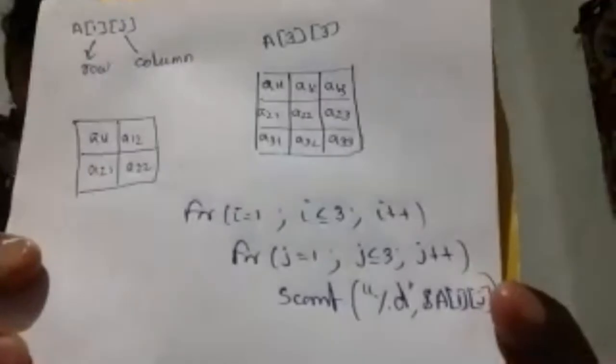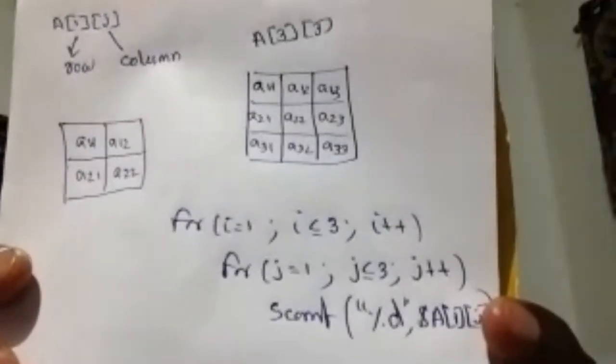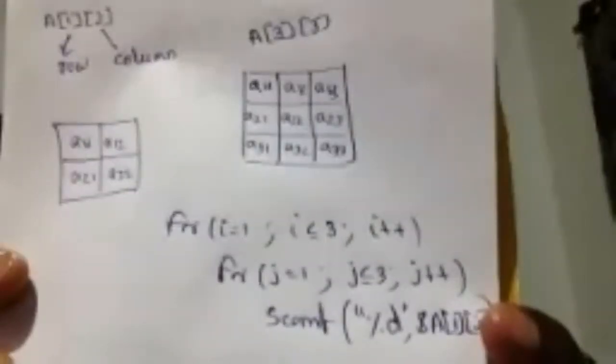If I write this, it's clear. I use 2 consecutive for loops. Maximum value is I equal to 3 and J equal to 3. Then I put input scanner.